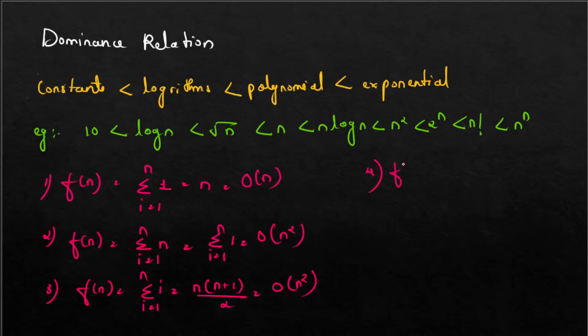Fourth is f of n equals the sum of i square for i equals 1 to n, which is n into n plus 1 into 2n plus 1 by 6, so this will be big O of n cube.